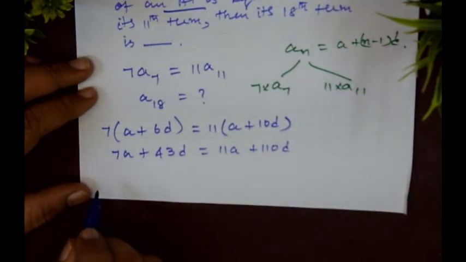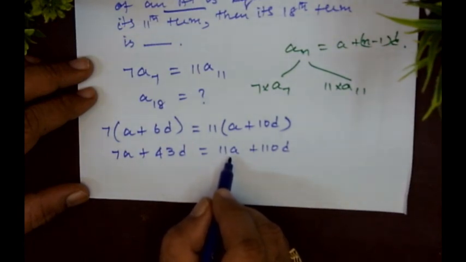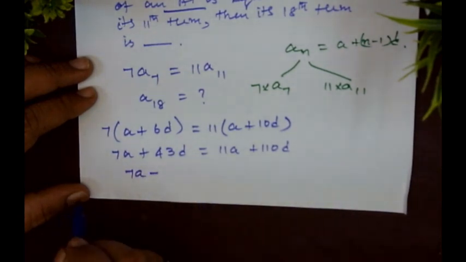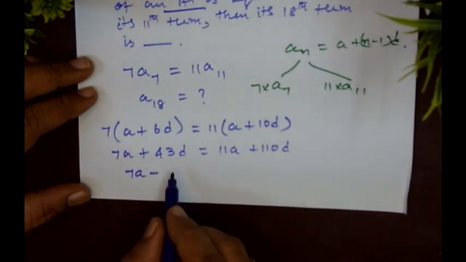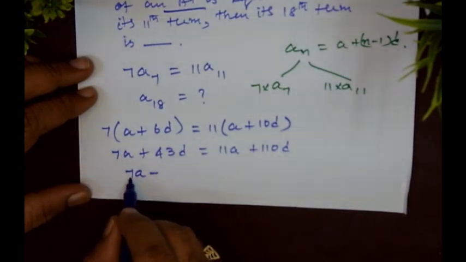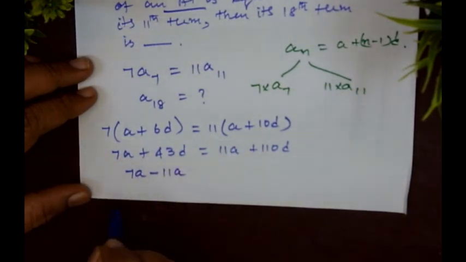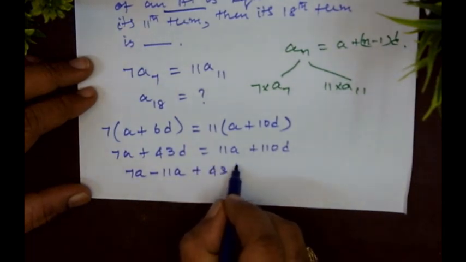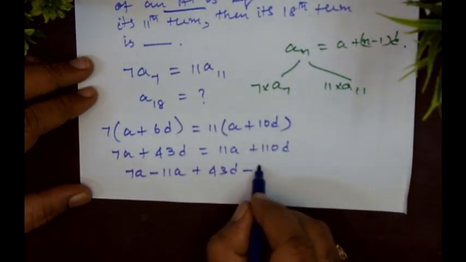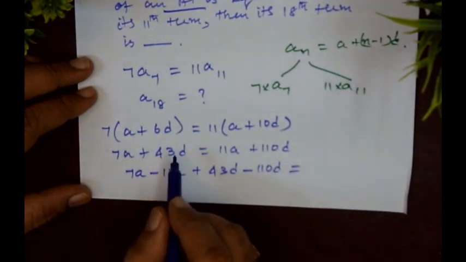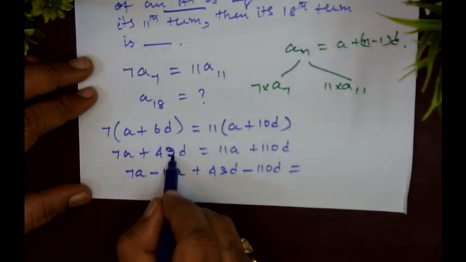So 11a minus 7a, or you can bring this here, 7a minus 11a, and then plus 42d minus 110d. Sir, 42, sir. 43 or 42? 42. 42, sir.